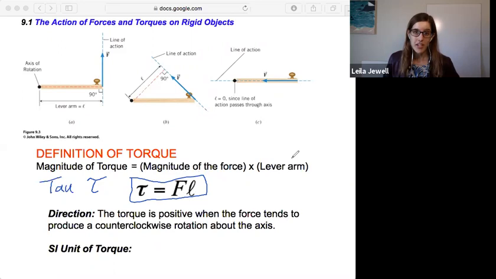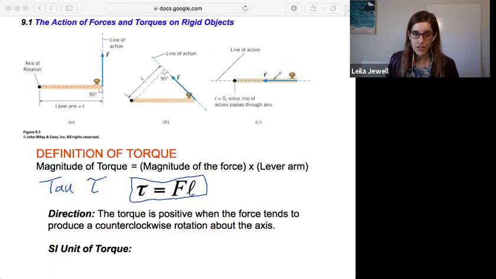And now we see why we care about that lever arm, because the size of the lever arm determines how much torque we have in terms of magnitude. Here are a few more examples of the lever arm drawn. Case A is just like our case A from before, where the line of action of the force is drawn and the lever arm is drawn from the axis of rotation to that force with that 90-degree angle between them. If the force is instead at some angle, the lever arm is also going to have to be angled upward to get that 90-degree intersection.